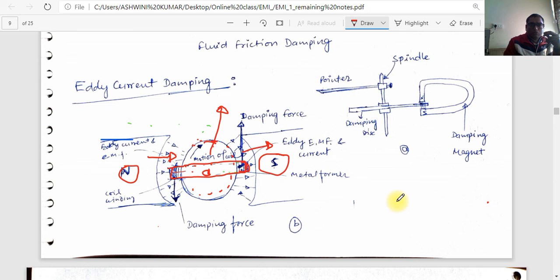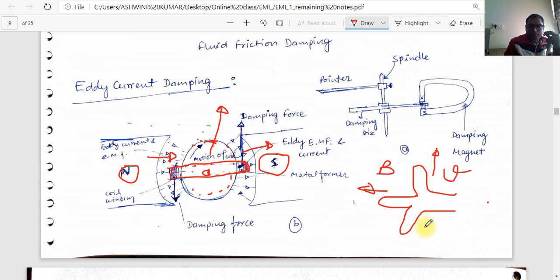We know that with the motion, this is the velocity or the motion, this is the direction of the field, and this is the induced EMF, E or I. For this, this is the motion.